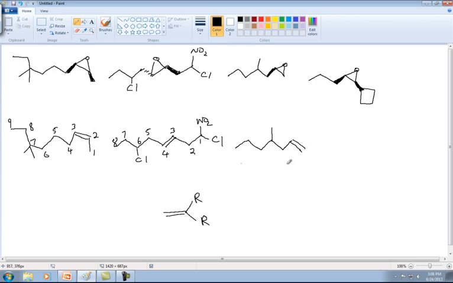So when we name this, with the numbering, again we have to number it so that the alkene gets the lowest possible number, and it's going to be a heptene, so it's going to be 4-methyl-1-heptene.